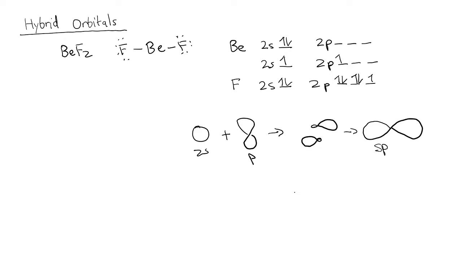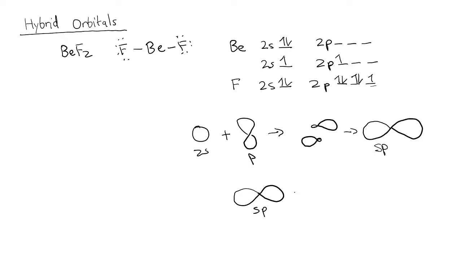So if you take a look at that shape, you can easily see that in order for another orbital to interact with it, it needs to be in a linear fashion. So if I take this sp hybridized orbital for beryllium, and then I take over here for the fluorine, it has a p.